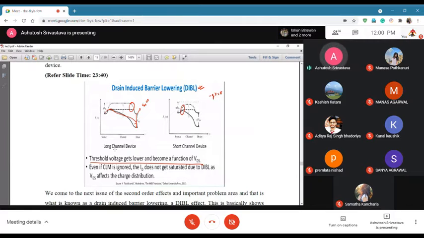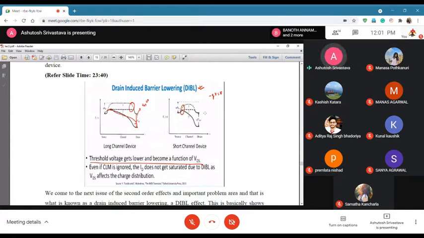This leads to reduction in the threshold voltage, and the transistor becoming a function of your drain source voltage.